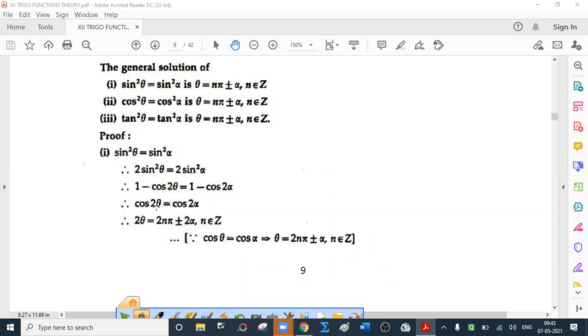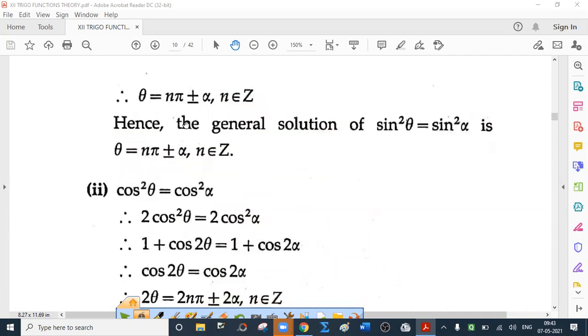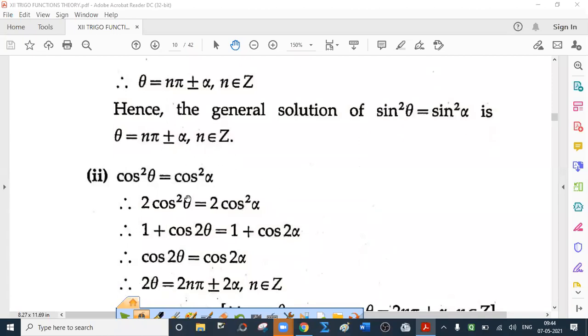So here it is 2 theta. That is why I have written 2 theta equal to 2n pi plus minus 2 alpha, where n is an integer, right? So theta equal to ultimately n pi plus minus alpha, n is an integer. Hence the general solution of sine square theta equal to sine square alpha is theta equal to n pi plus minus alpha, n is an integer.